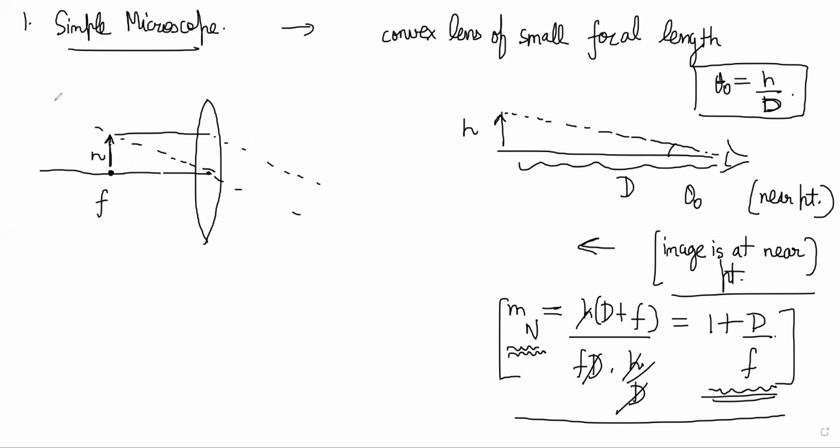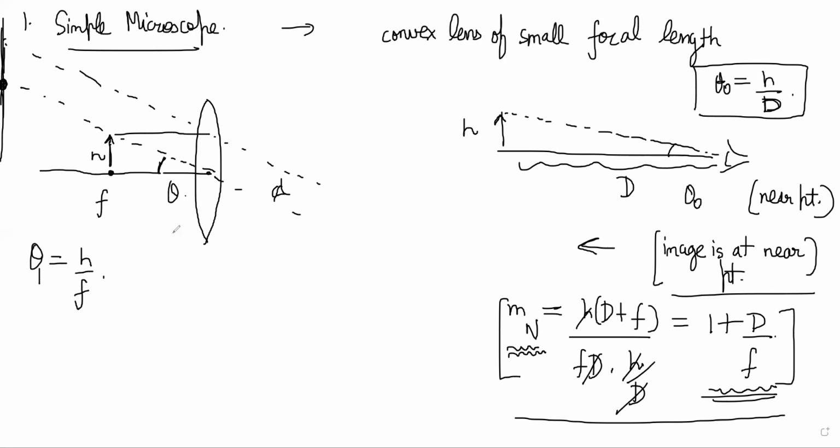These are parallel, so your image will be behind at infinity. So if now your eye is here, you will see the image at infinity very far away. Again, the angle that the image makes will be still this angle, but in this case, this angle theta is equal to h by f.